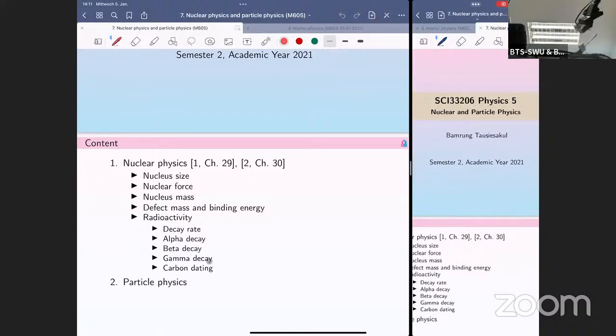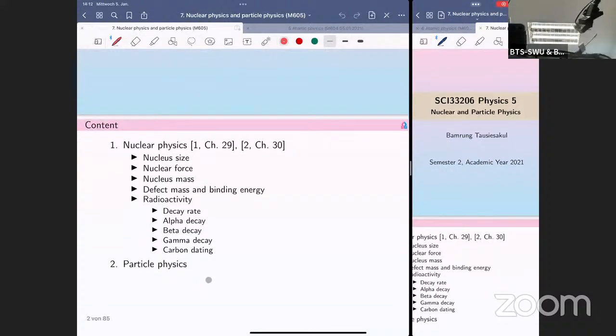And one important thing is that humans use carbon dating to evaluate or approximate how long an object has lasted from the beginning. And that's what we will also talk about or consider.